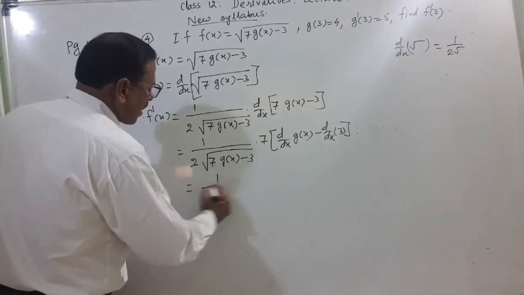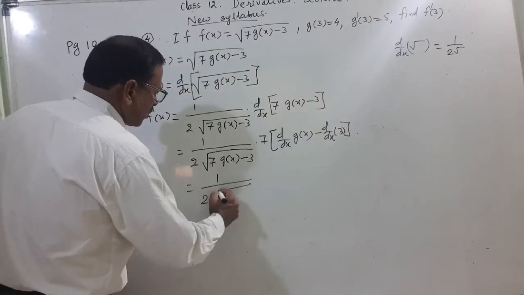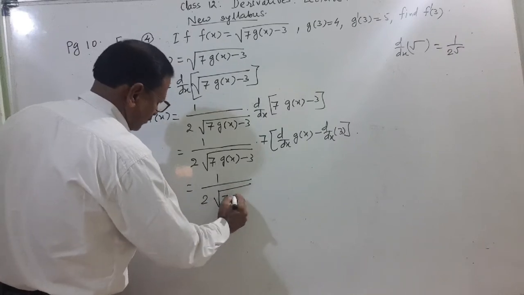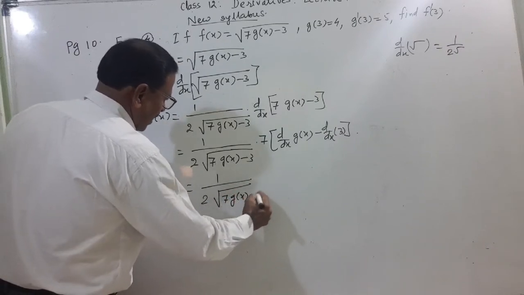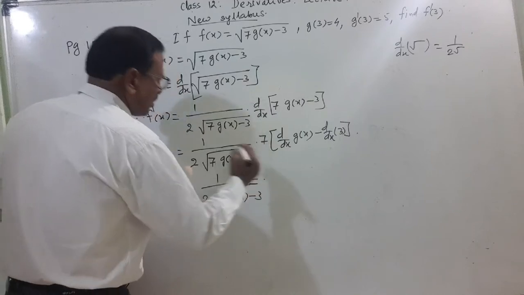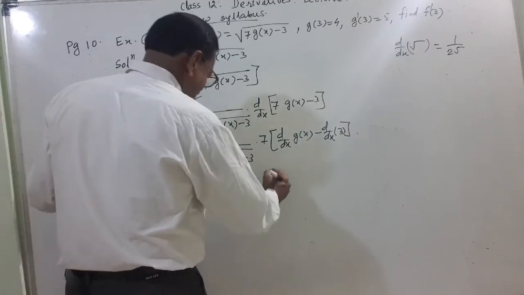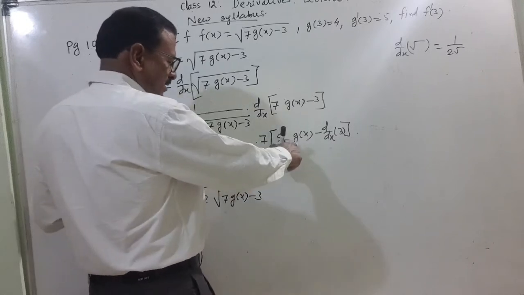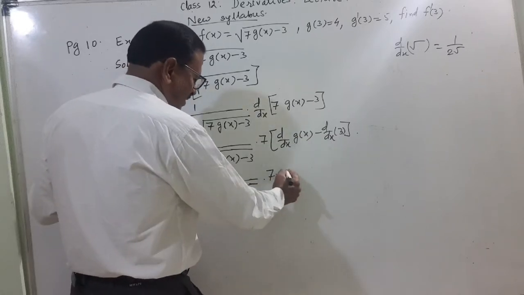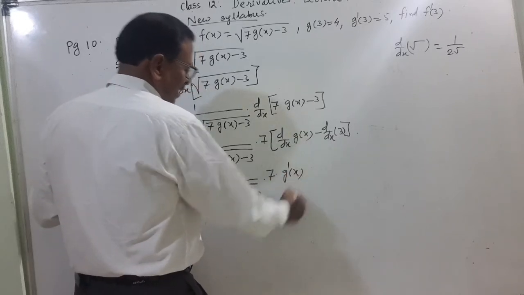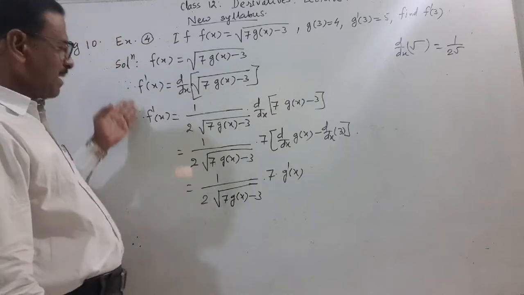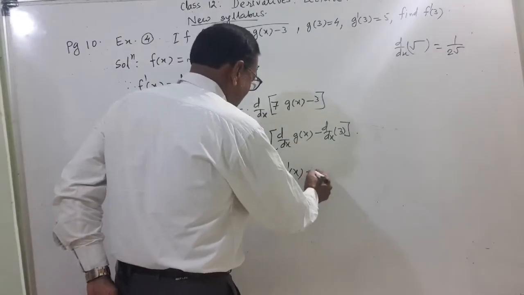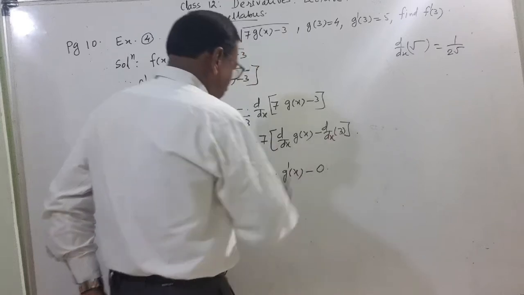That is equal to 1 upon 2 under root 7 into g of x minus 3, into 7 into the derivative of g of x. As the derivative of f of x is f dash of x, the derivative of g of x is g dash of x, minus the derivative of 3, which is 0.